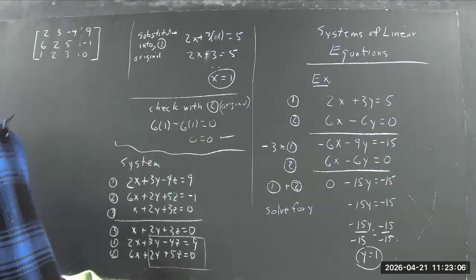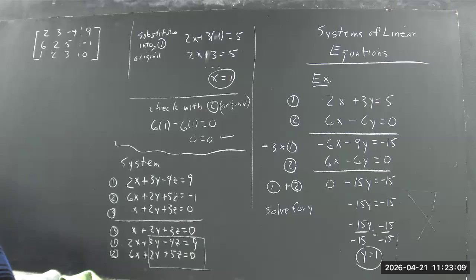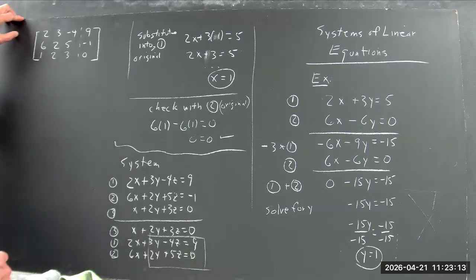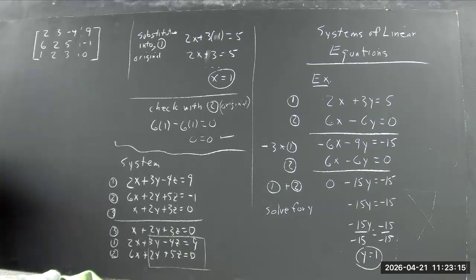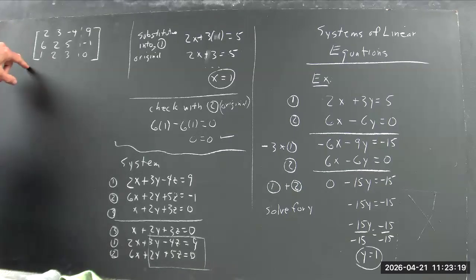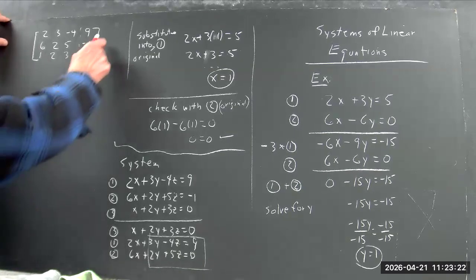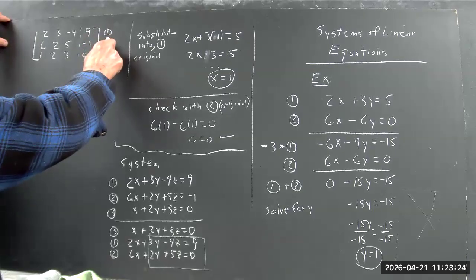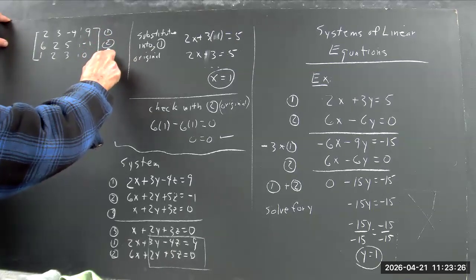Well, that's the process that I went through again in detail in our last class. The augmented matrix looks like this, okay? So I have row 1, row 2.